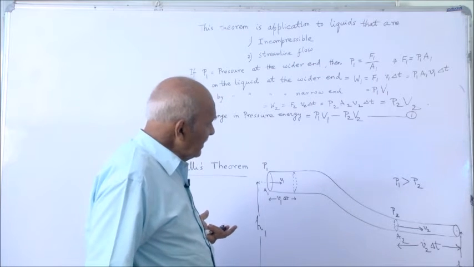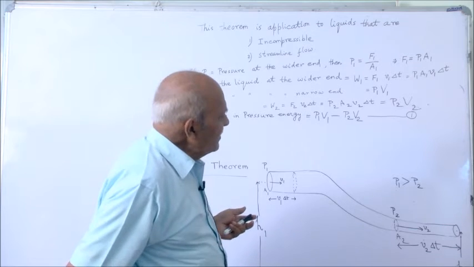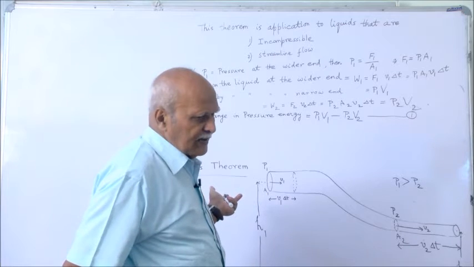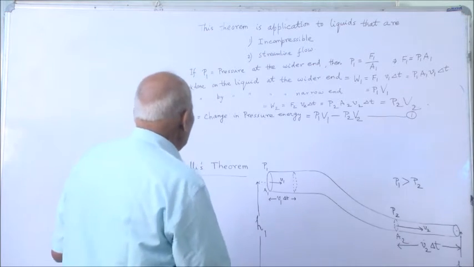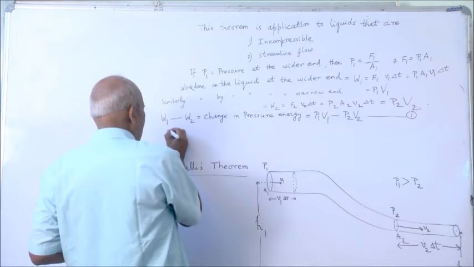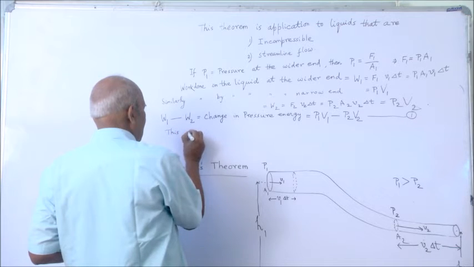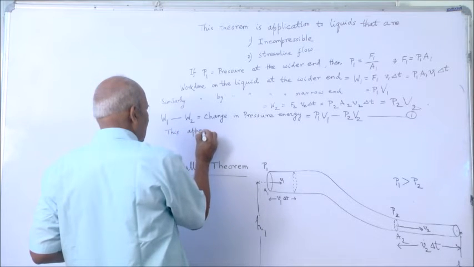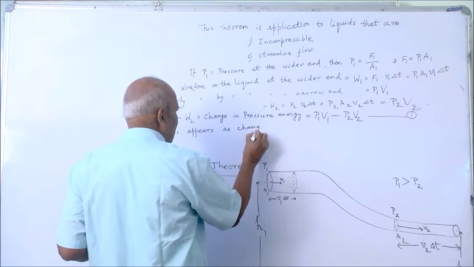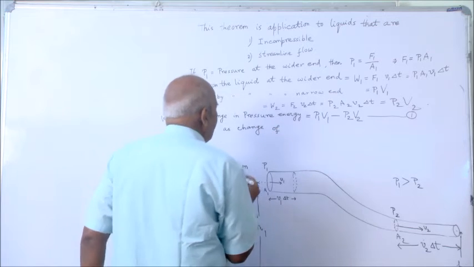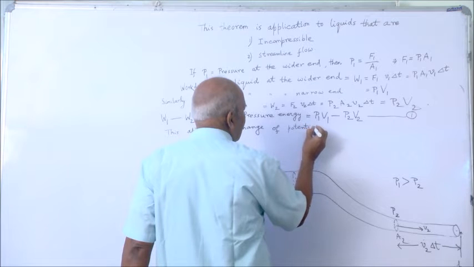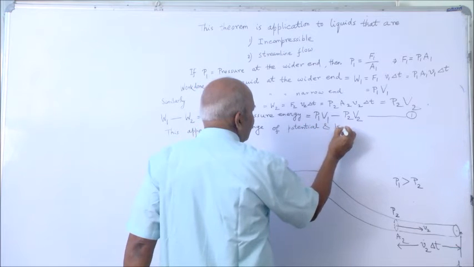And how to know the change in energy? Change in energy you can know from final total energy minus initial total energy. So, this appears as change of potential and kinetic energies.